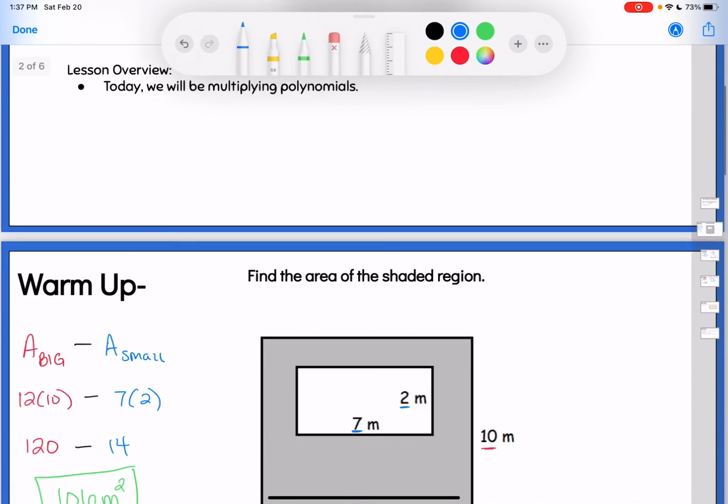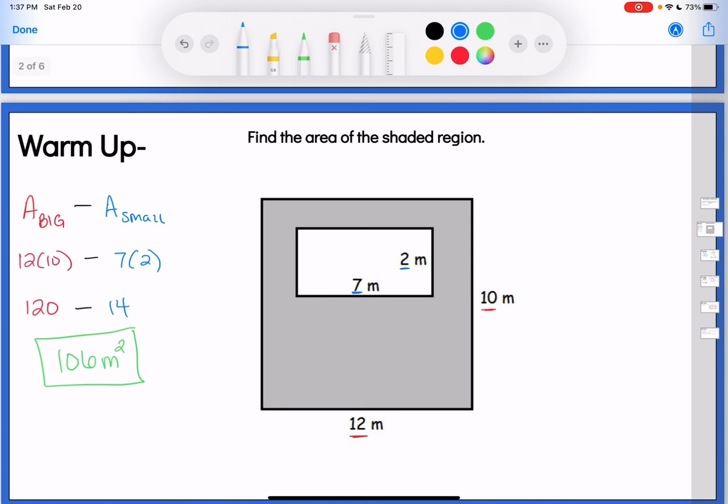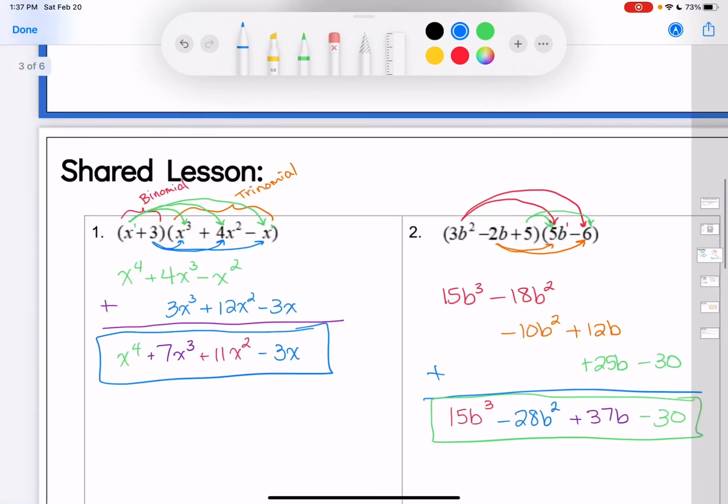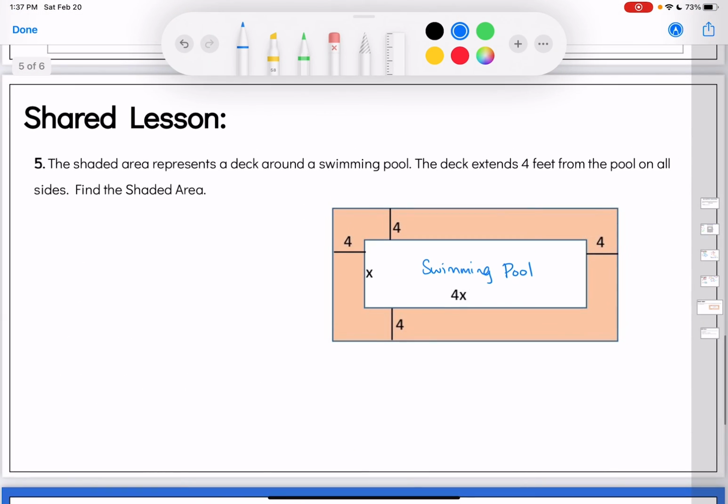Think back to that warm-up, right? When I wanted to find this shaded area. Find the area of the big shape minus the area of the small shape, right? Well, that's what I'm going to do here. Find the area of the whole giant rectangle, subtract out the area of the little white one. That's the swimming pool. So I want area of the big minus area of the small.